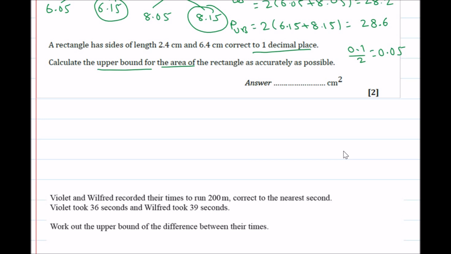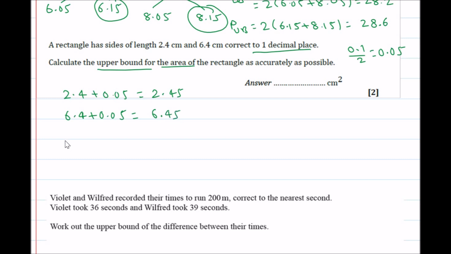So let us find the upper bound for both 2.4 and 6.4. 2.4 plus 0.05 is equal to 2.45, and we have 6.4 plus 0.05, that is 6.45.